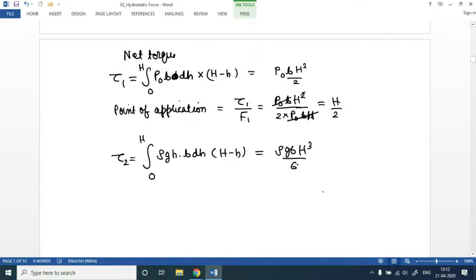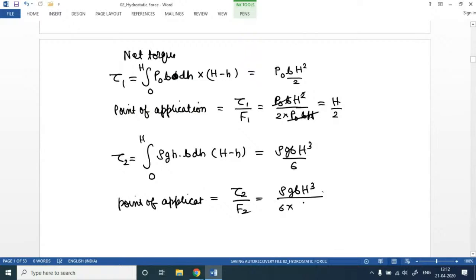The point of application of this force would be nothing but tau 2 by F2. Tau 2 is rho G B H cube by 6, divided by F2, which we have calculated already, rho G B into H square by 2. This turns out to be H by 3 over here.